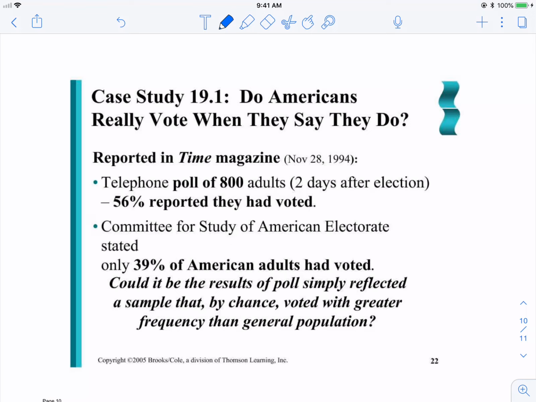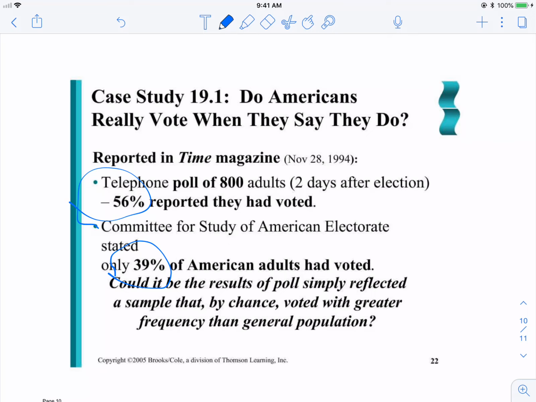After more time had passed, the Committee for the Study of the American Electorate did a more thorough study of the voting results and found that really only 39% of American adults had voted. There's quite a discrepancy here between the 56% that said that they had voted and determining that really only 39% of all registered adults had voted.